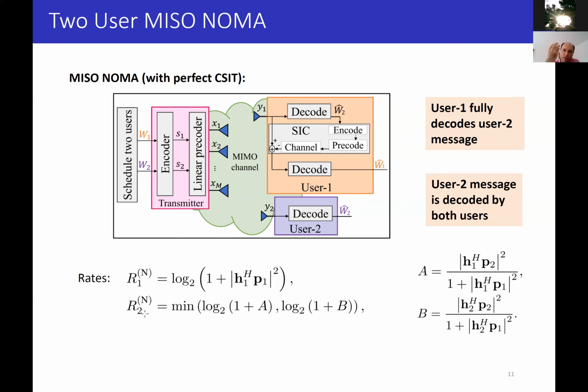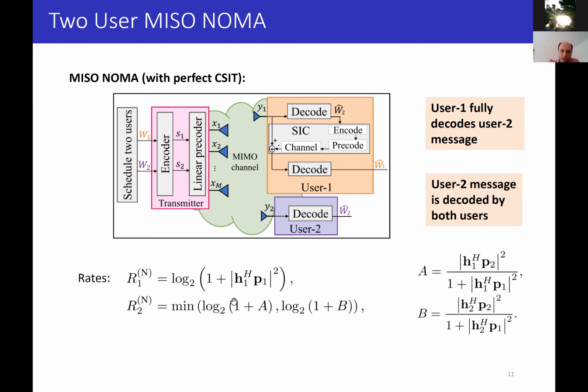It's decoded by its intended receiver, user 2, but is also decoded by user 1. And so we have to make sure that the message of user 2 is correctly decoded by both users. That's the reason why it is transmitted at a rate equal to the minimum between the rate supportable by the channel of user 1 and the rate supportable by the channel of user 2. And that's the reason why we have a min between those two logs.